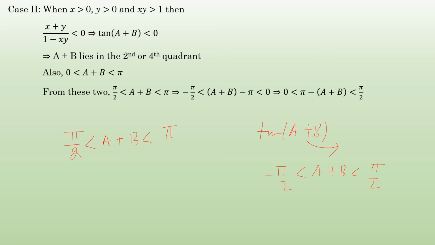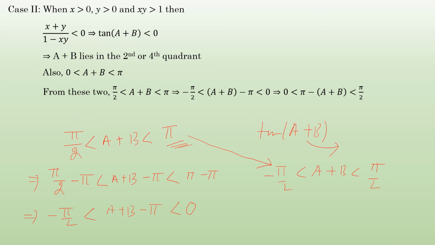So we are to modify this inequality so that it comes to this branch, and to do that, just take a negative pi on all sides, in this way. In this case pi minus pi here, obviously that is 0. So in the left hand side it is minus pi by 2, and here we will have a plus b minus pi, then it is 0.